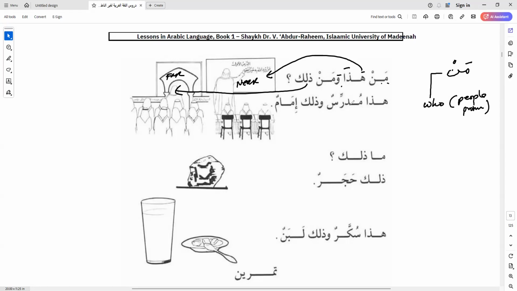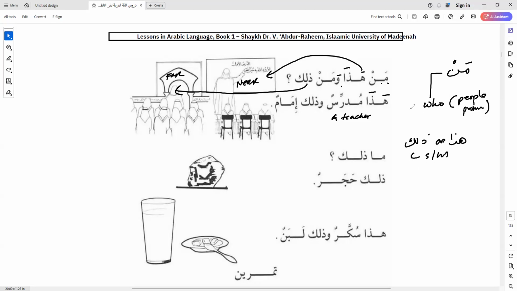Now, let's answer the question. هذا مدرس. This is a teacher. You can see this writing on the board. مدرس, a teacher. وذلك إمام. Remember, any noun that you use هذا or ذلك with means it is singular and masculine.